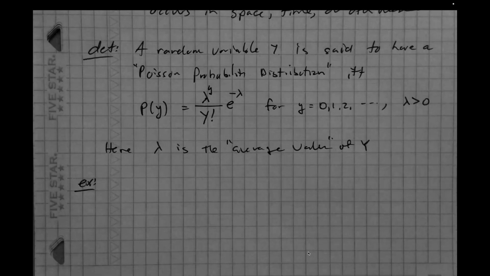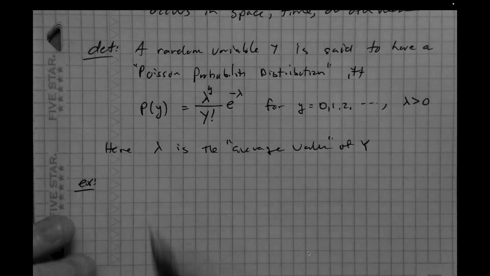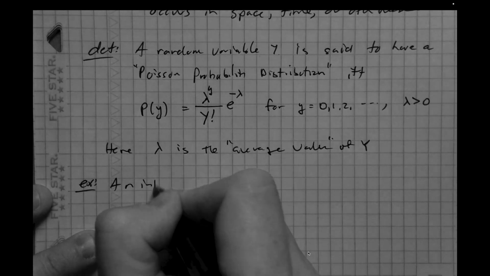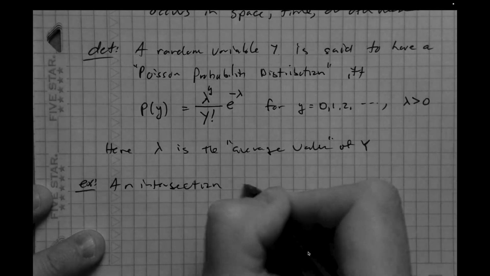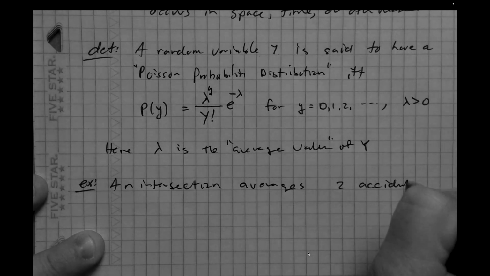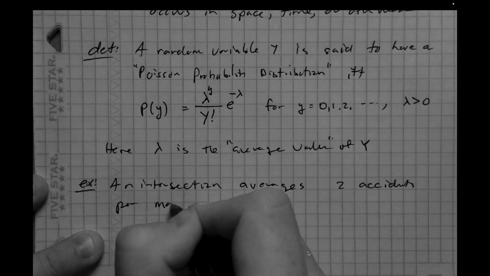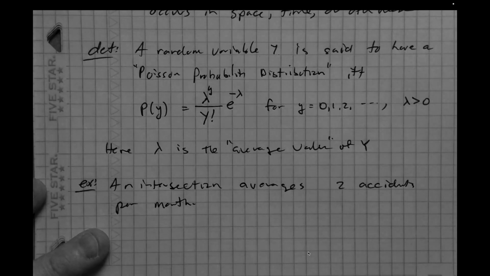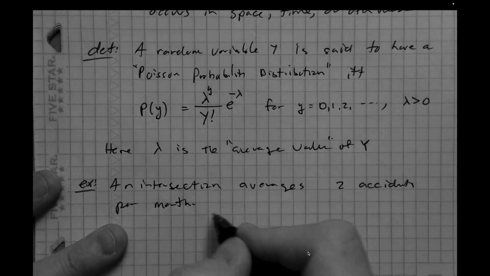So let's say a traffic intersection averages 2 accidents per month. What's the probability of 3 accidents in a single month?